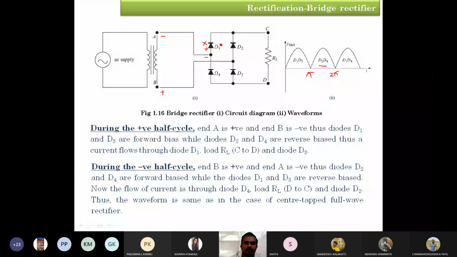This one is the positive terminal of the input here. What is going to happen with D2? The anode of D2 is connected to the positive power supply, so this one is conducting. The anode of D3 is connected to the positive of the power supply, and D3 is in the reverse bias condition.